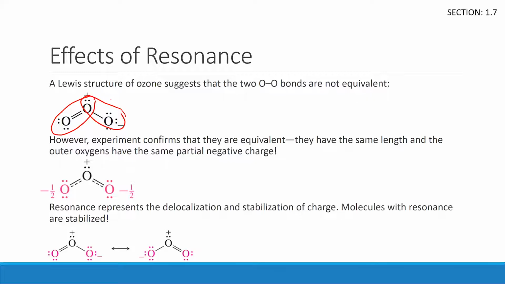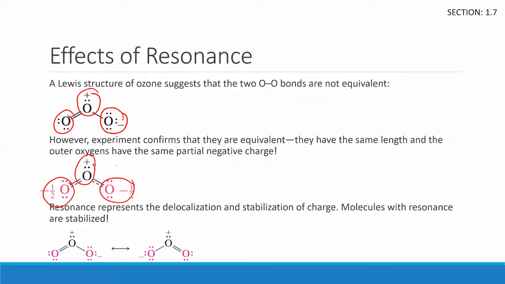They have the same length, and the outer oxygens have the same partial negative charge. We don't have one oxygen with a negative charge, one with a positive, and one neutral. Instead, we see an oxygen in the middle with a positive and the two outer ones having a half negative. We showed this experimentally, and the only way that this can exist is due to resonance.